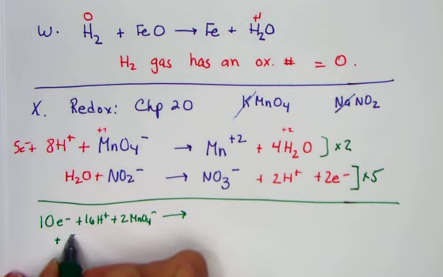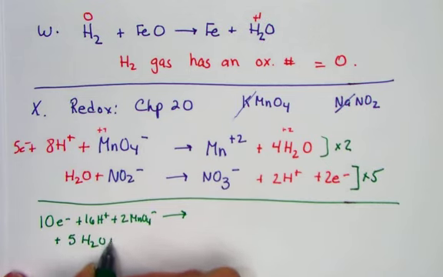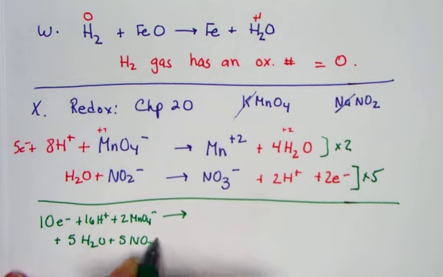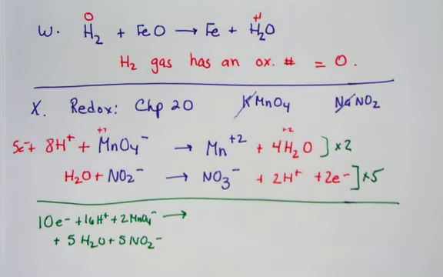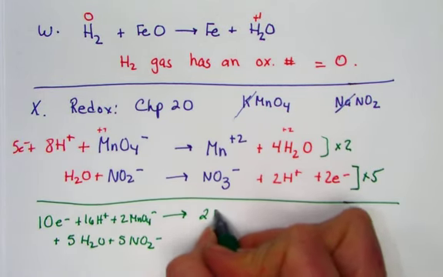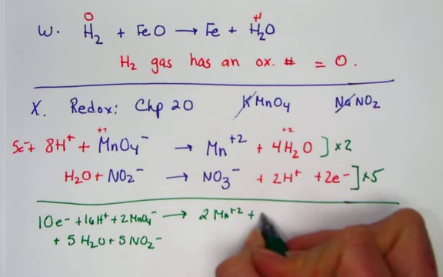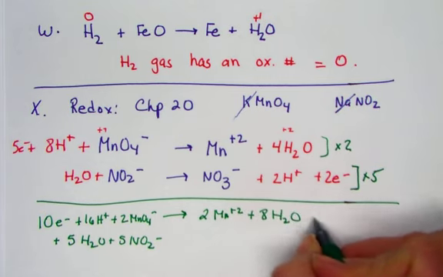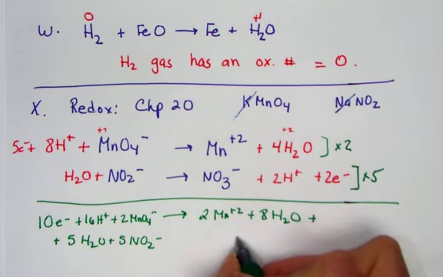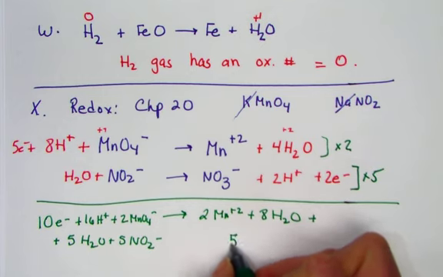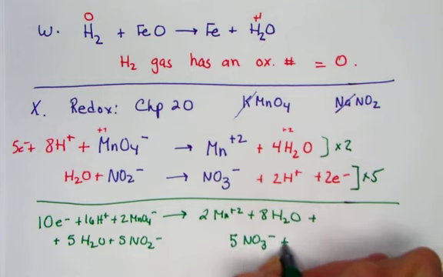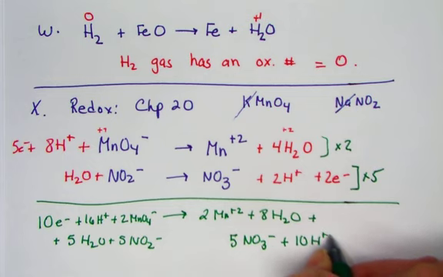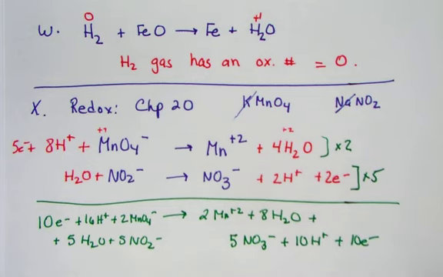Continuing on the left-hand side, we have 5 waters and 5 nitrite ions. On the right-hand side, we have 2 Mn plus 2s and 8 waters, plus we have 5 nitrate ions, 10 hydrogens, and 10 electrons. Let's see what we can simplify.